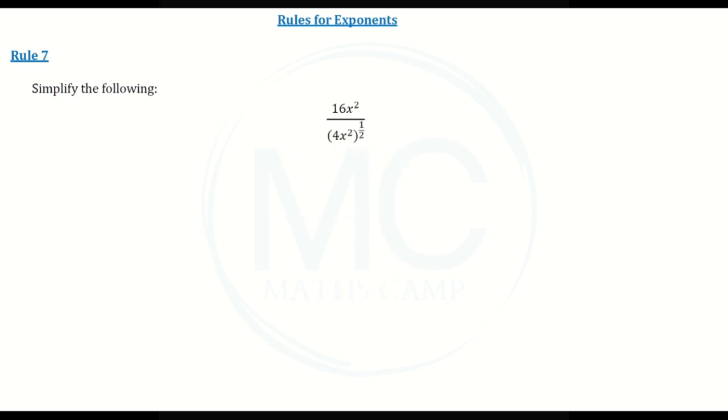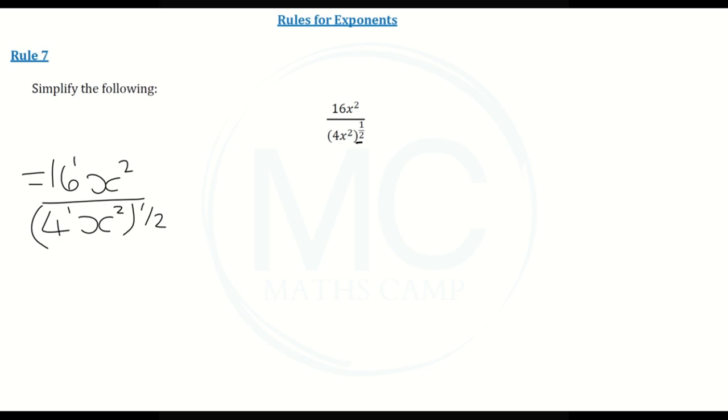The fifth rule of exponents tells us that when we have an exponent outside of the bracket, we multiply it by the exponent of every variable inside the bracket. So we can rewrite this as 16 to the power of 1 x squared over 4 to the power of 1 x squared, all to the power of 1 over 2.